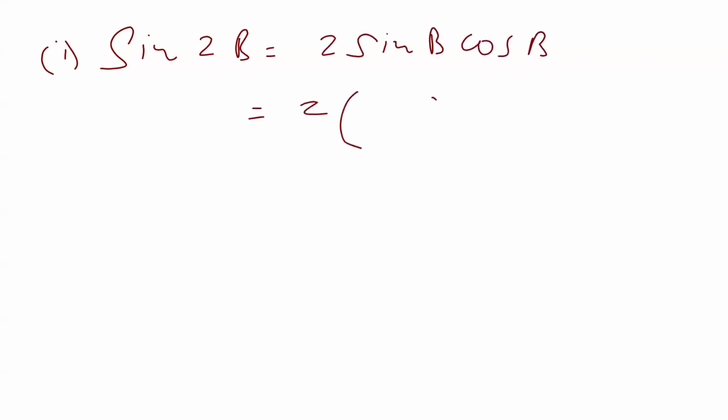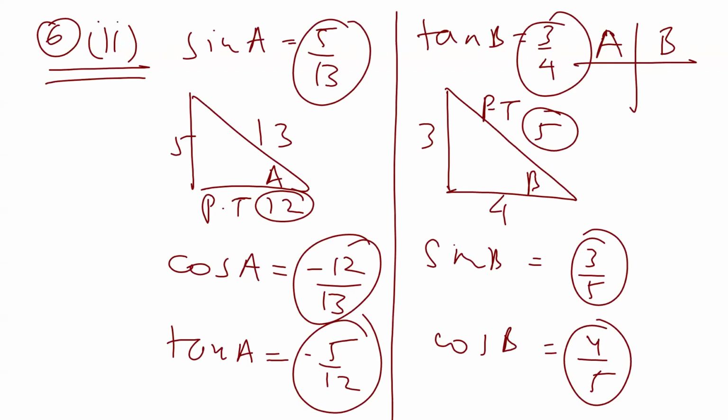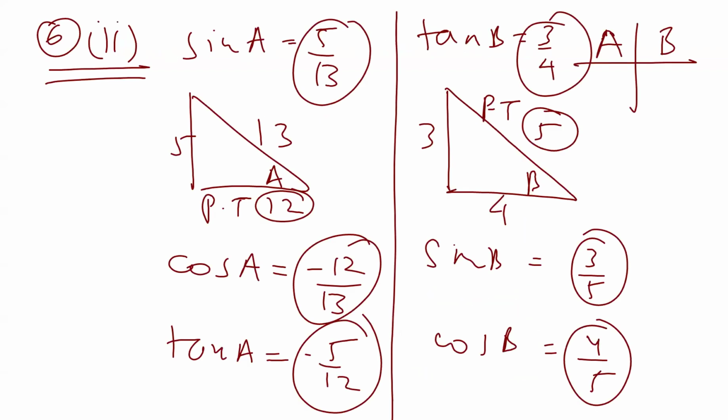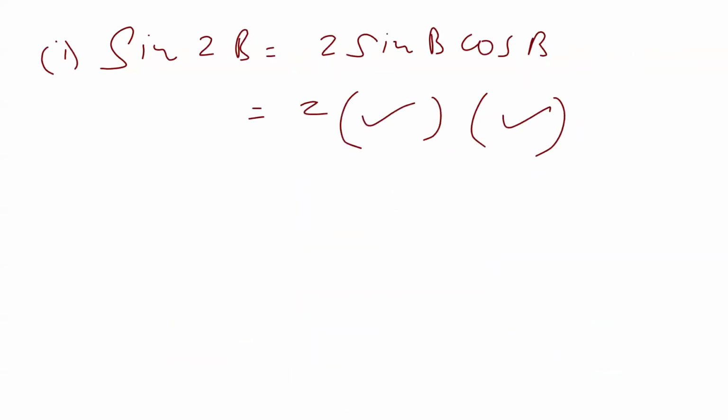So the first value which they are asking is sin 2B, double angle, 2 sin B cos B. We have these values of cos B and sin B, you can put them over here and calculate. And secondly, what they are asking is tan(A minus B). Of course, a compound angle formula is required over here.